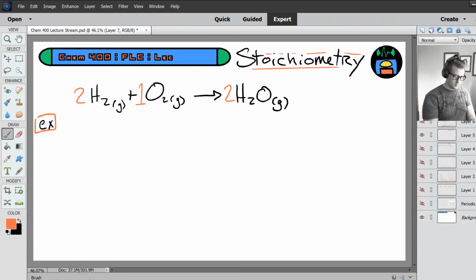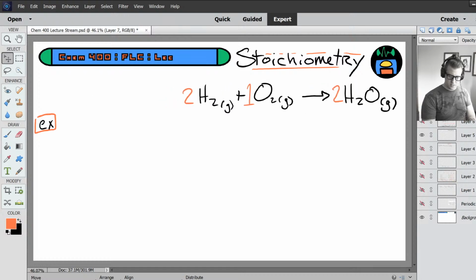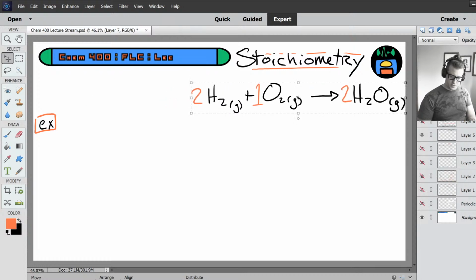Actually, I'm just going to move my chemical equation over a little bit so I can move this example up. All right. So consider the following example.